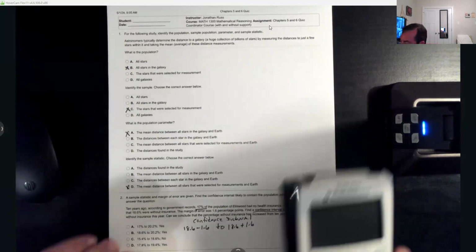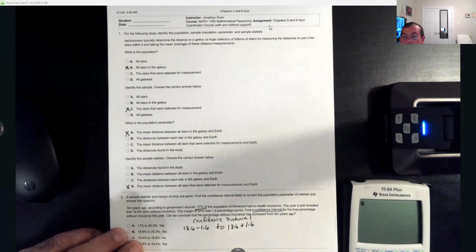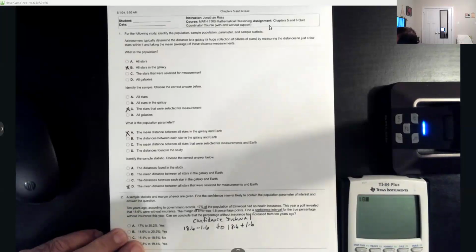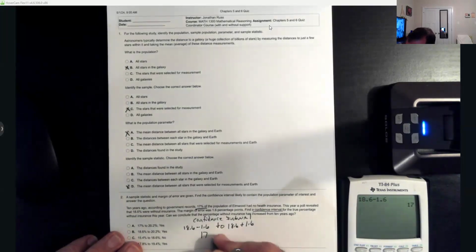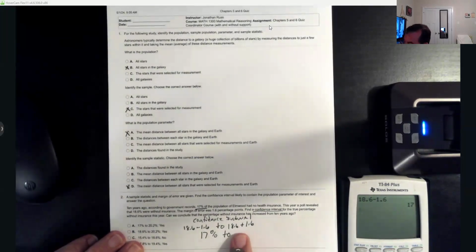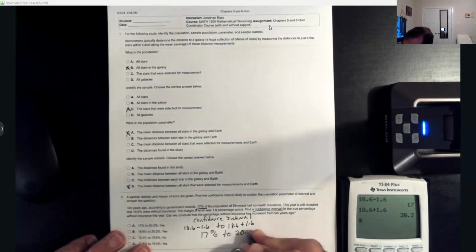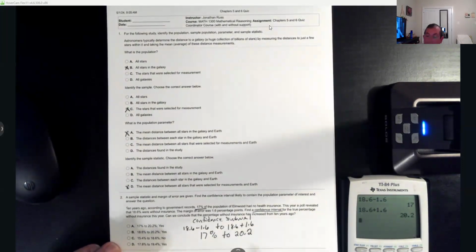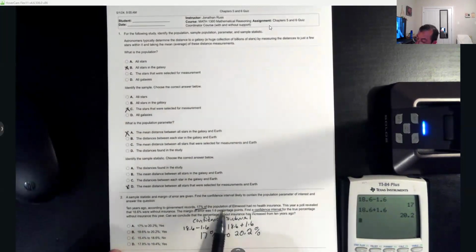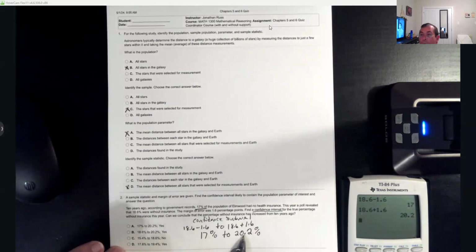So y'all, I would punch them in on my calculator and let's see what we get here. So 18.6 minus 1.6 gave me a 17% on the low end. And then the upper end, we're going to take the 18.6 and we're going to add 1.6. And that gives me 20.2. So based on this data they got with their margin of error, they're saying anywhere from 17% now up to 20.2% now have no insurance.